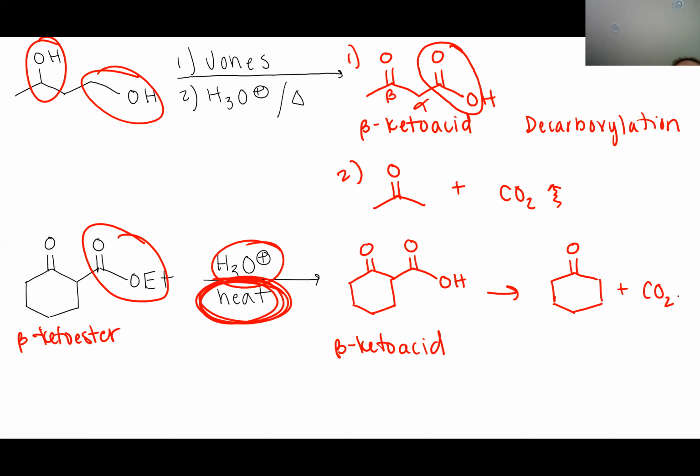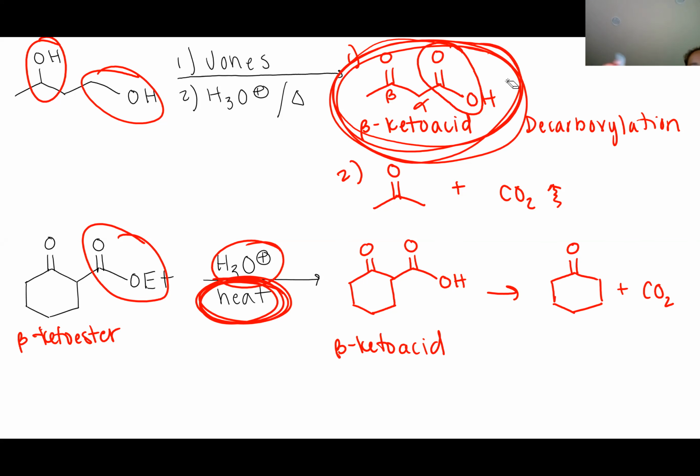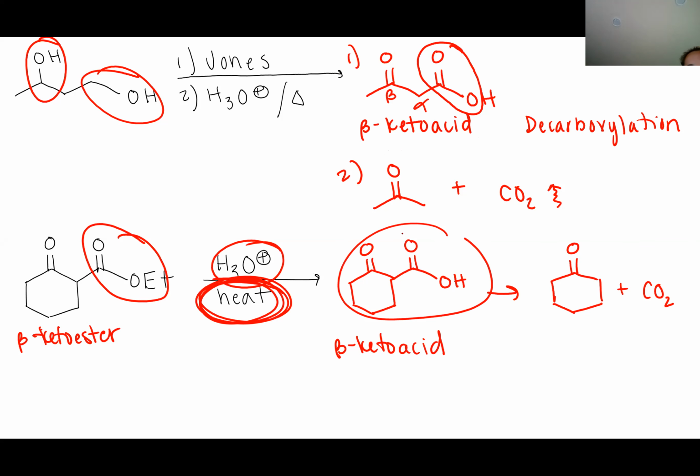So I gave you two different decarboxylation problems together because for some reason when I give something that looks like this, it doesn't click for people, and I think it's because the mechanism that you see starts with something that looks a lot like this, and so you tend to not see this as a beta keto acid and a decarboxylation.